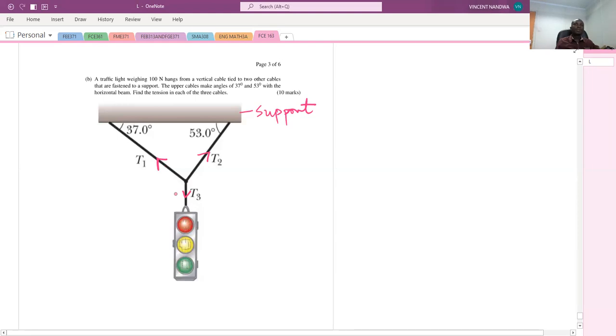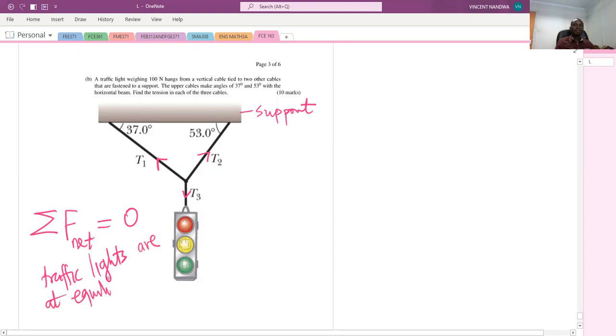So when the system is at equilibrium, then the net force is given by 0 because the traffic light is assumed to be at equilibrium, meaning that this rope tying the traffic light is not accelerating. So solution.